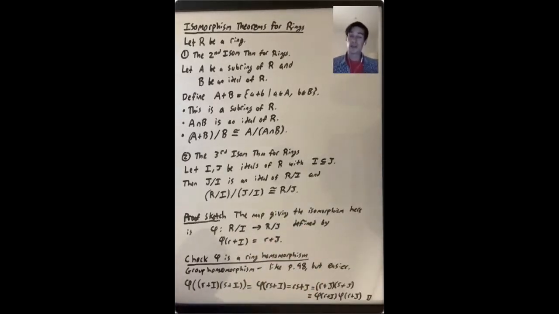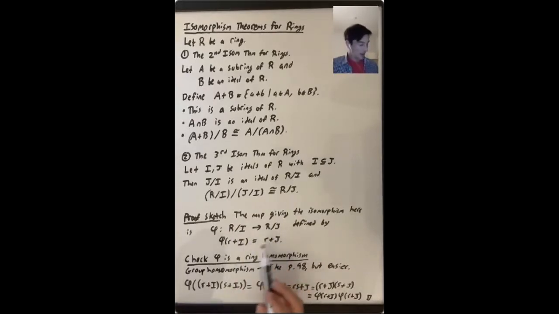What ring is it? Well, it's isomorphic to R mod J. So here, Dummit and Foote give a little proof sketch, and I'll actually give a little more information than what they say. They say that the map giving the isomorphism here is phi from R mod I to R mod J, and it's defined by, well, you have to say, where do you send the coset of I containing r? You send it to the coset of J containing a little r.